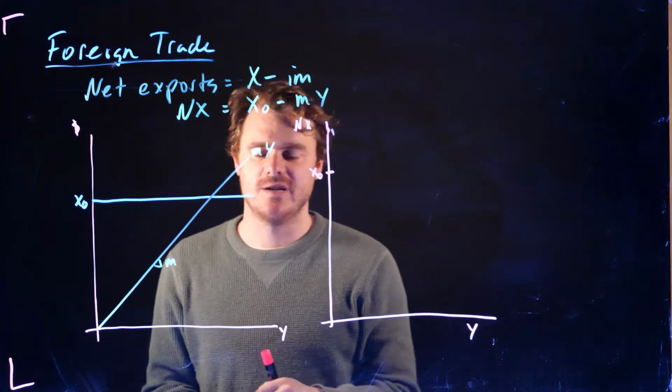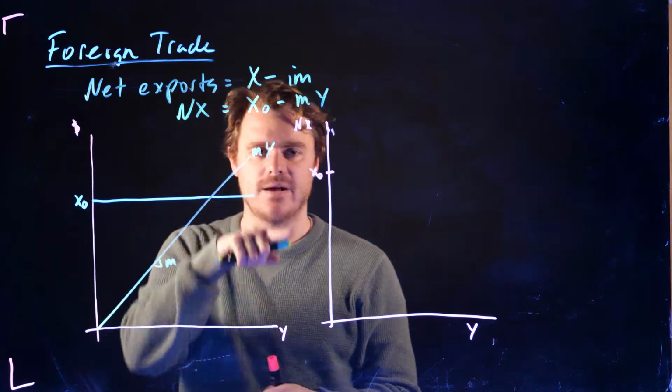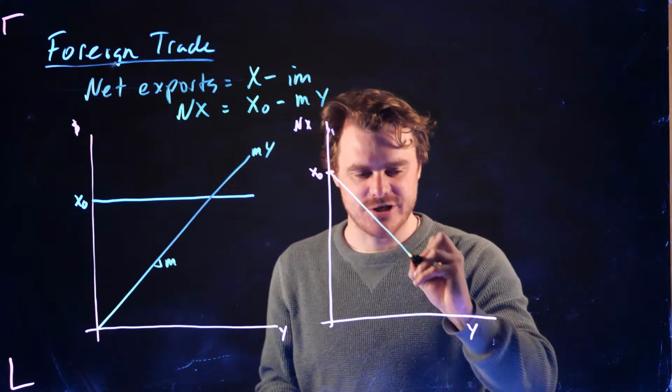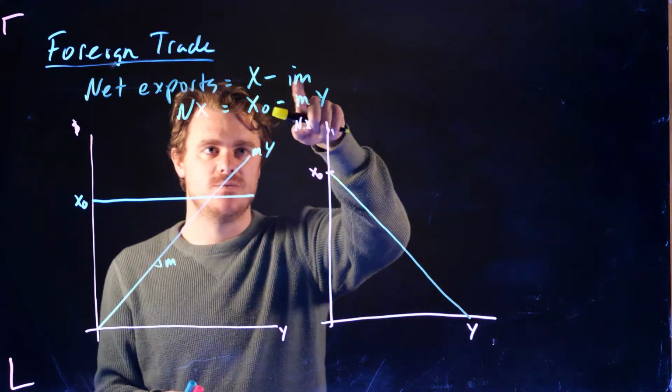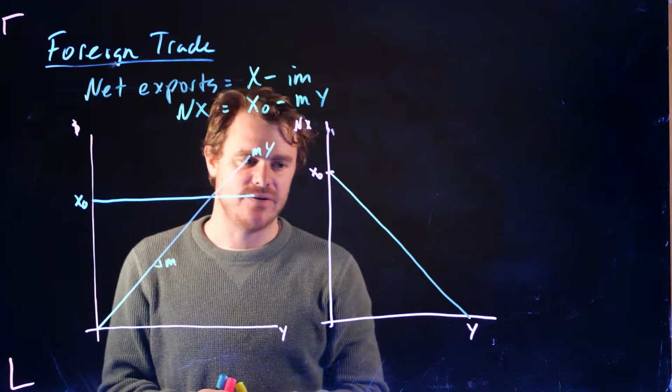The intercept is going to be X0, so the difference is going to be X0 when Y equals 0. And this net export function has a negative slope. So as Y goes up, we're subtracting a larger and larger value, so net exports is going down.